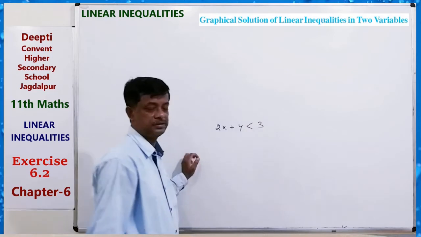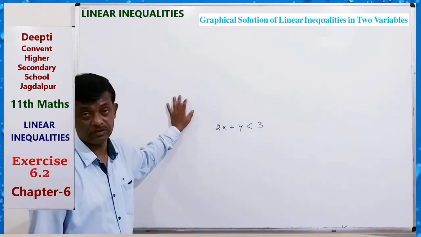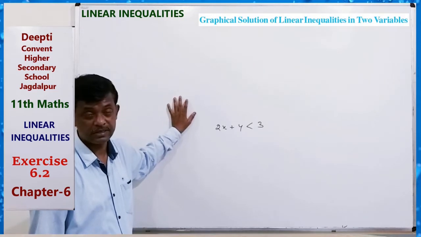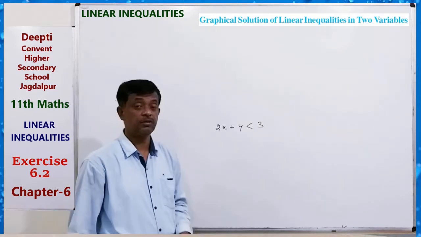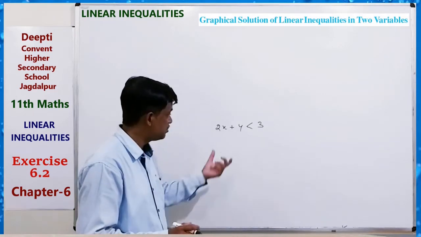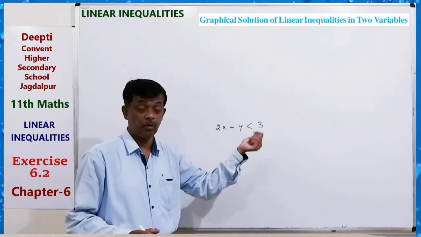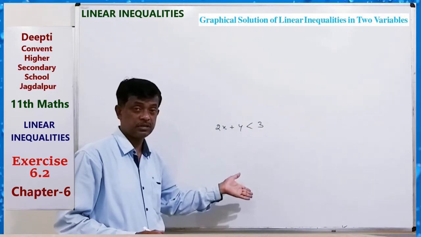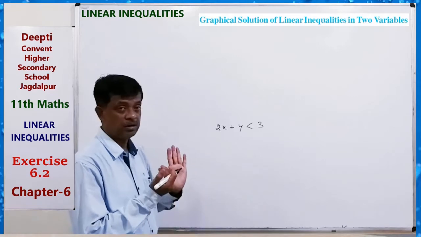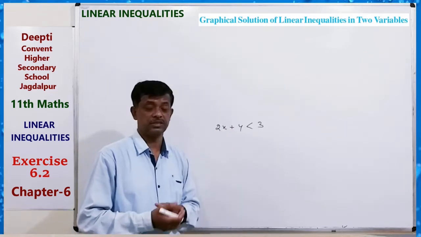Now, in case we take an inequality like 2x plus y less than 3, this is also a linear inequality in two variables. How can we find its solution? The values of x and y which make it less than 3 all belong to the solution of this inequation.